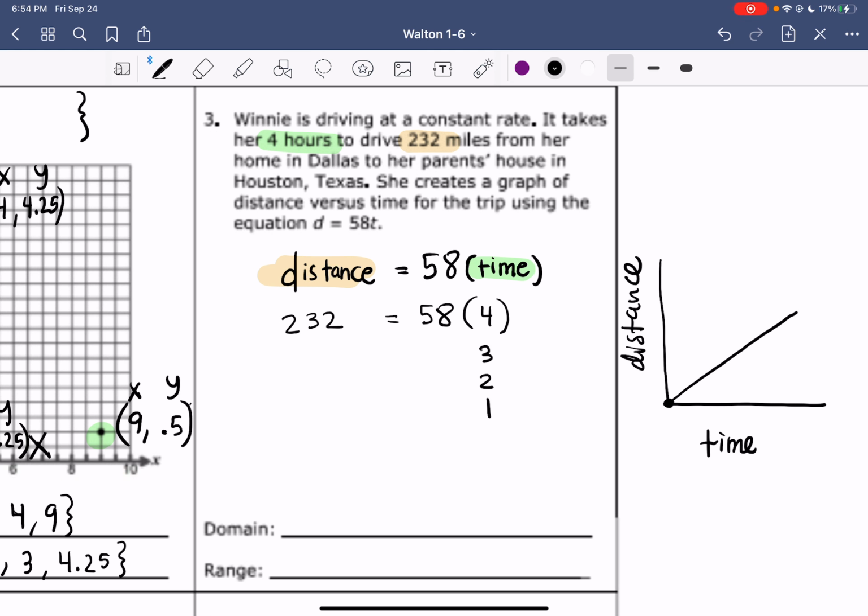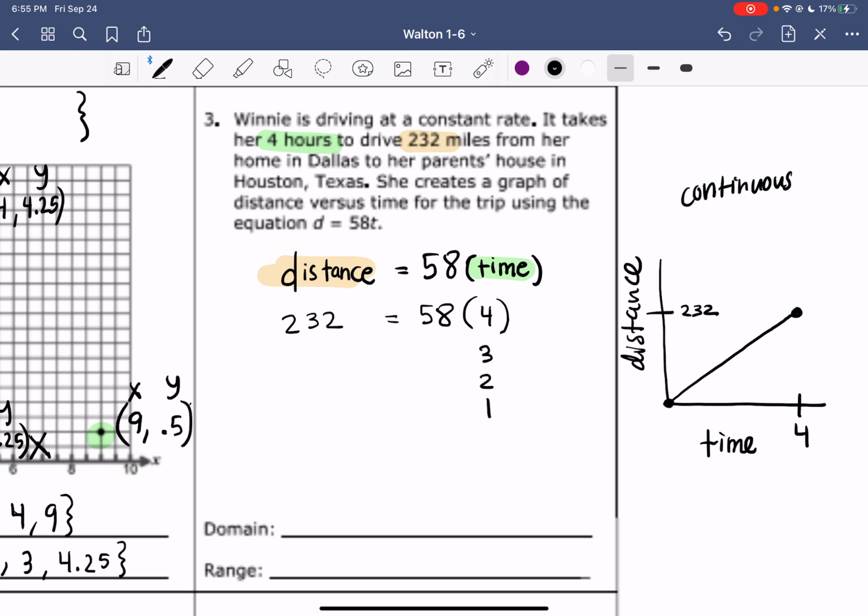So this is going to end up being a continuous graph. So rather than a discrete statement about domain, we need to make a continuous statement. So we know that in 4 hours, she traveled 232 miles. So now we can make that statement using our full statement here.